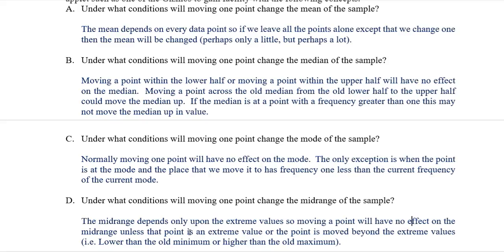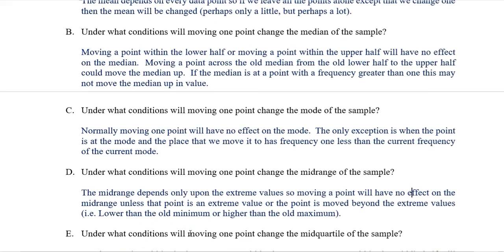So basically what I'm saying is the only condition under which moving 1 point will change the mid-range is if moving that point gives you a new maximum or a new minimum. Otherwise, no effect.